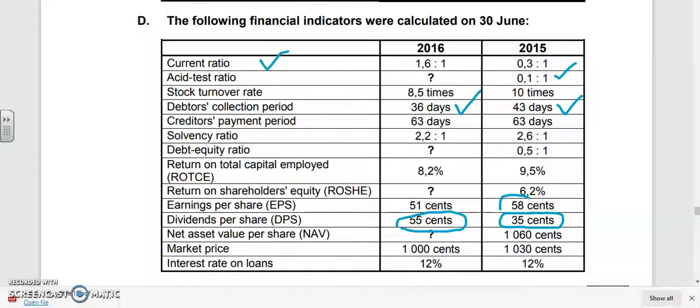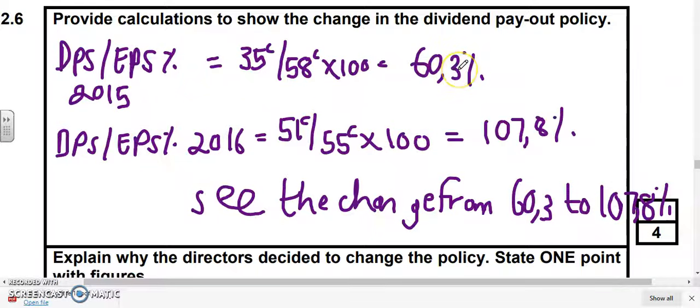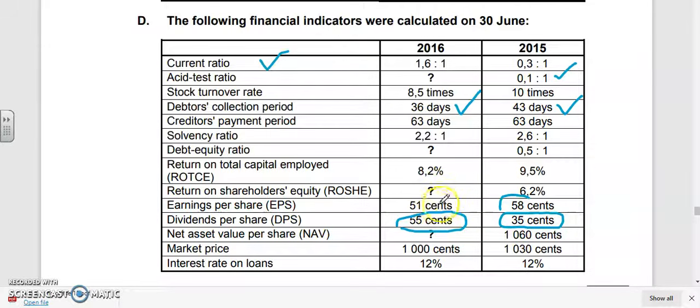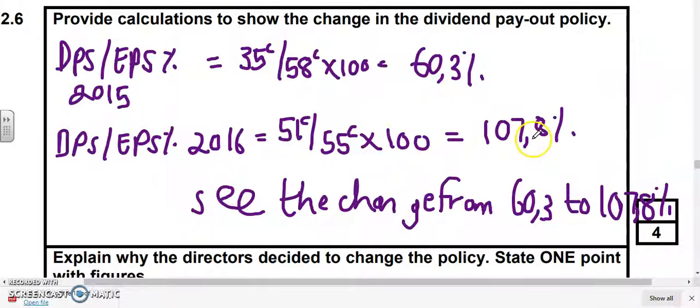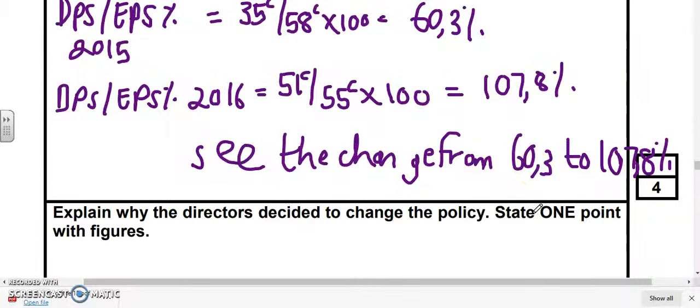We earned 58, but we paid out 35 cents, and that's 60.3%. In 2016, we earned 51 cents and we paid out 55. So we paid out more than what we earned, and that came to 107.8%. So you can see the change. It was quite a lot, almost 47%.